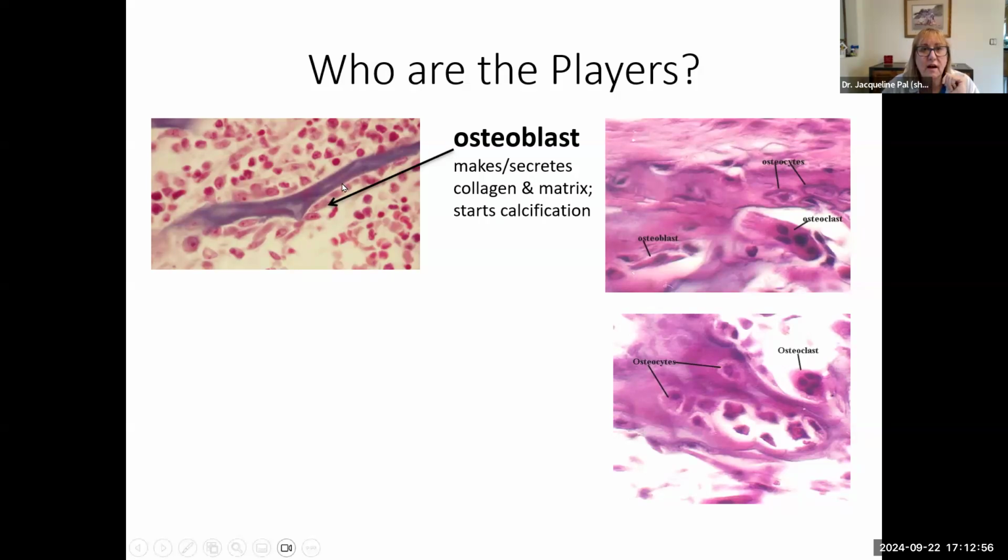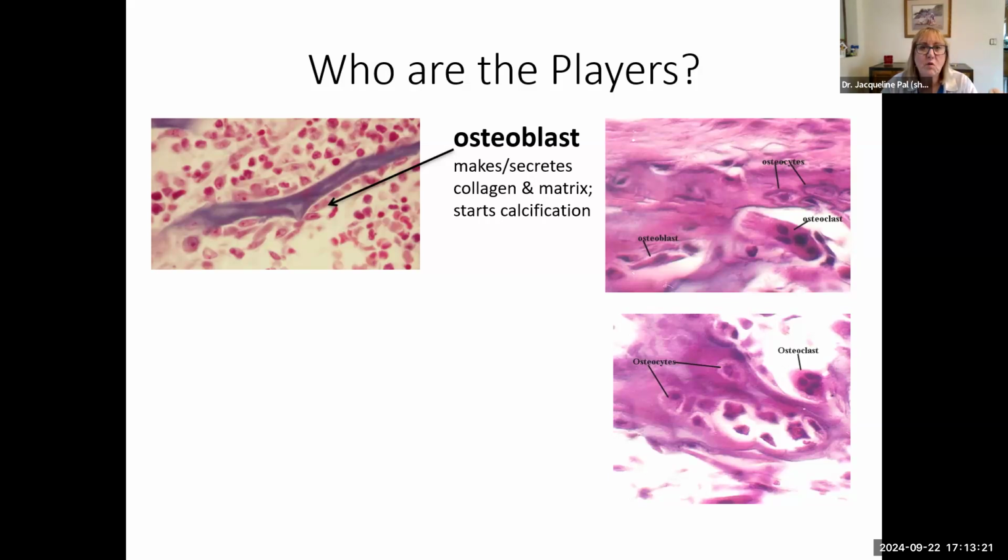And we usually can find them sitting on the external surface of a pre-existing piece of bony spicule or the primitive connective tissue that's going to become bone. And I'll be showing you when we're looking at actually forming bone from scratch.